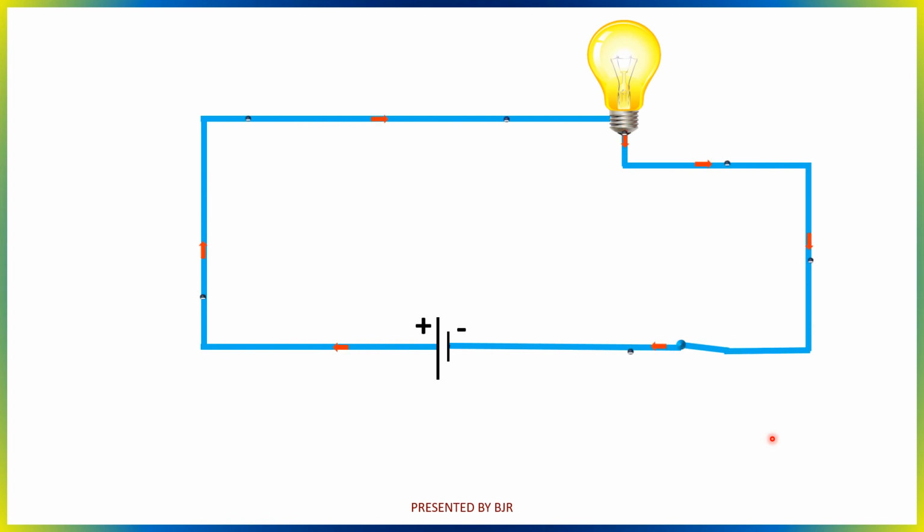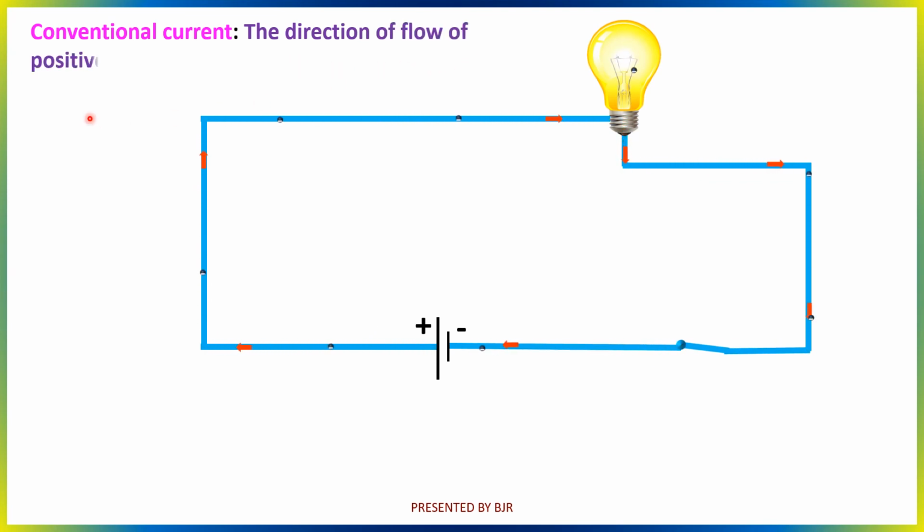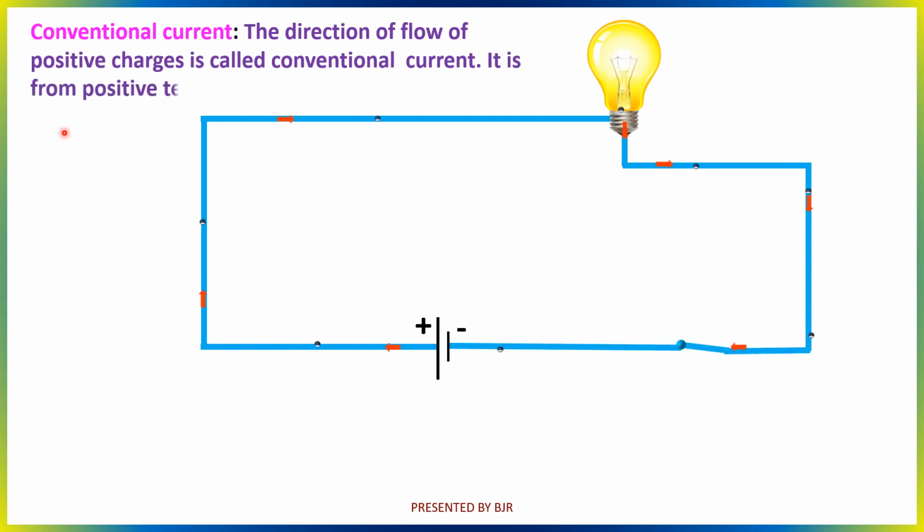So what is conventional current? Let us define it. Conventional current: the direction of flow of positive charges is called conventional current. Okay, so it is from positive terminal to negative terminal of the battery.